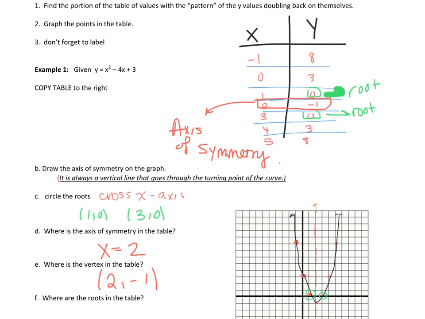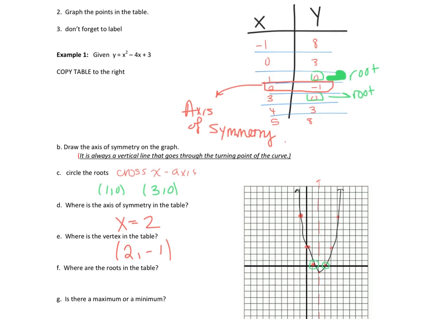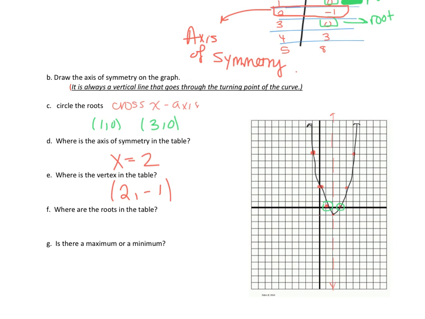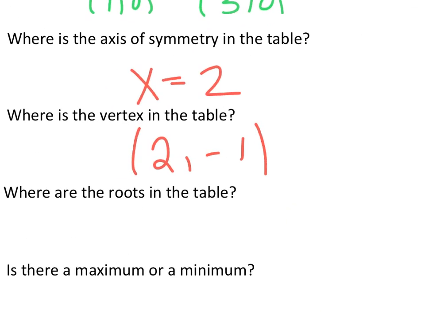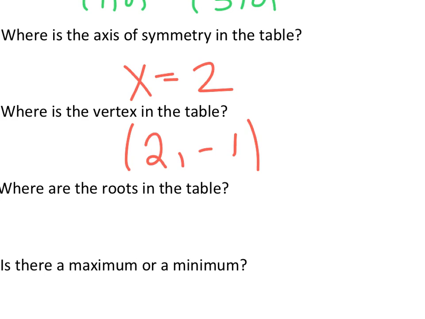And we said where the roots were. We said it before. That's a repeat question. It's when y equals 0. So our roots are (1, 0) and (3, 0). And I'll write a note here. Where's your vertex?